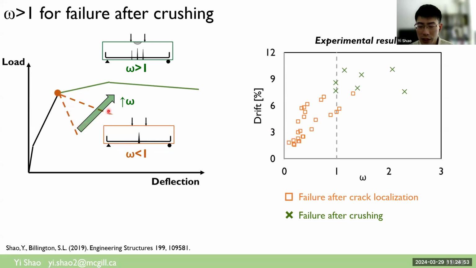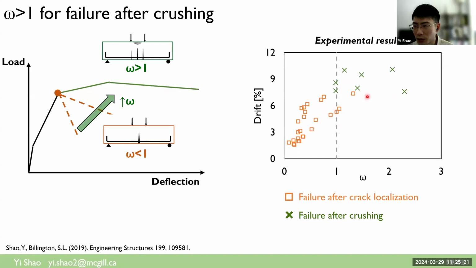And when the omega ratio is increasing, which means the steel post-yield hardening capacity is stronger and can delay the load reduction, it can gradually increase the deformation capacity of UHPC beams until omega is larger than 1. Then we have failure after crushing, which shows much higher deformation capacity than failure after crack localization.